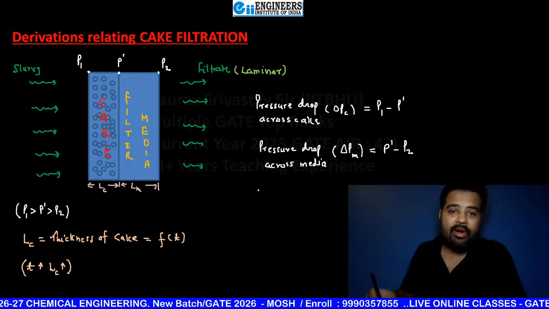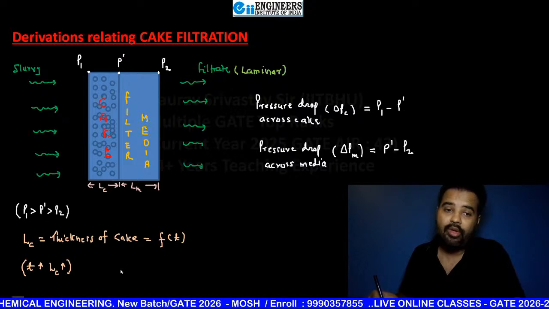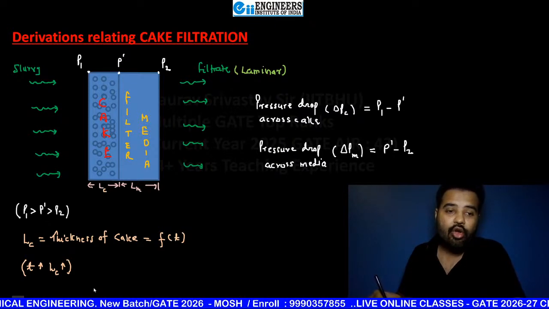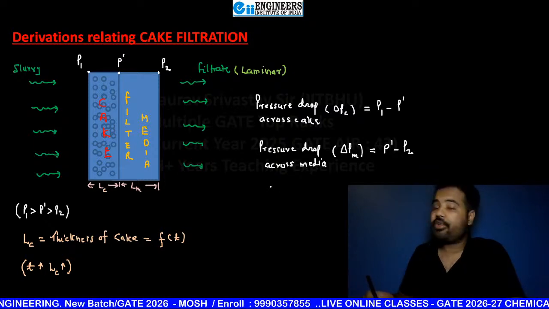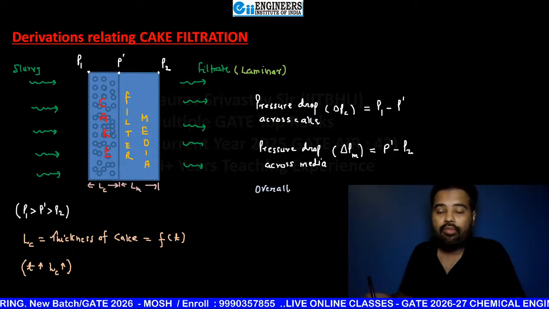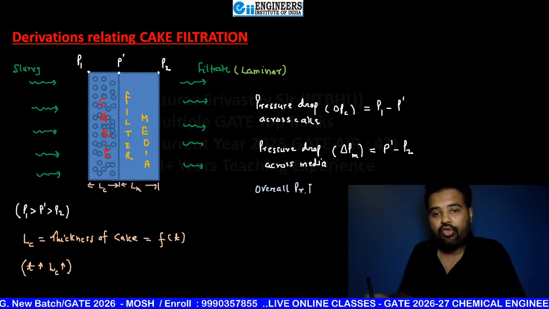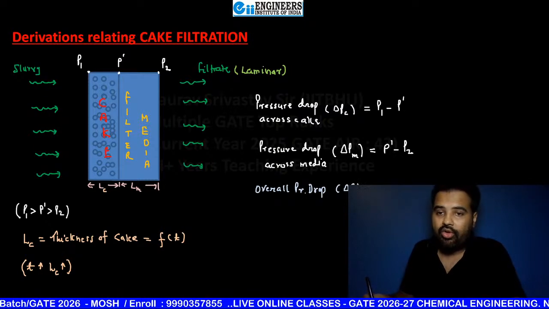Now please tell me, my dear students, if I want to write the overall pressure drop, then how to write it? Overall pressure drop, if I represent it by just delta P. So it's very, very easy.